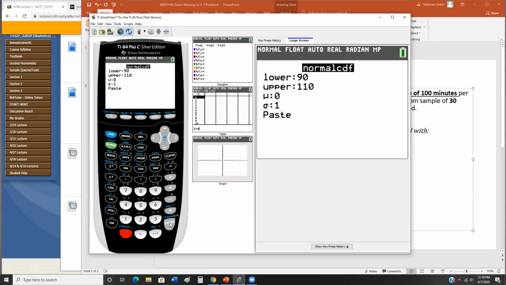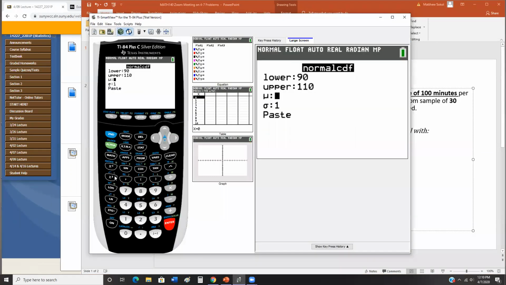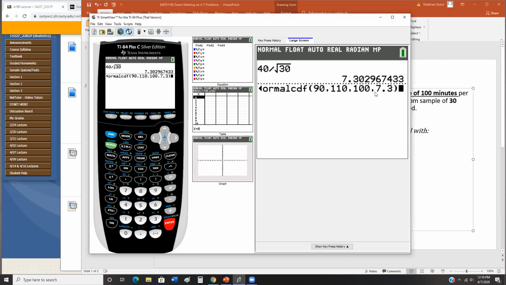The upper was 110. The mean was 100. Standard error was 7.3. And when you plug this into your calculator, that's just going to be the probability. And it's going to be 0.8293 when I round it to 4 decimal places.